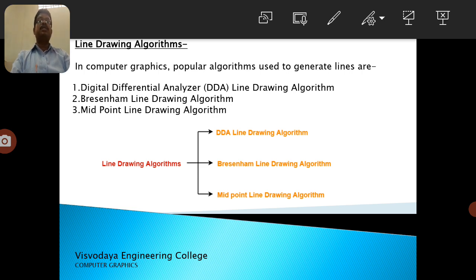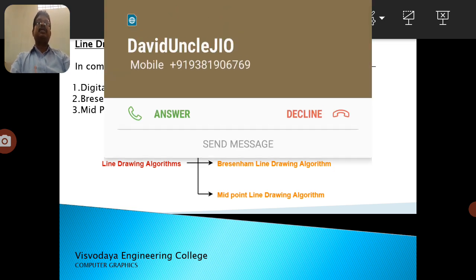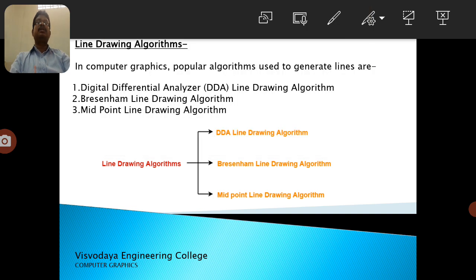A normal input is taken through the keyboard or other input devices, as we saw in the first unit. But lines, circles, ellipses and other images cannot be taken directly and displayed onto the screen. This is only possible through algorithms, so we can draw the line or any other image.